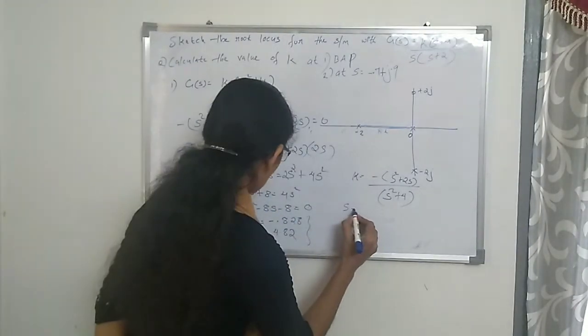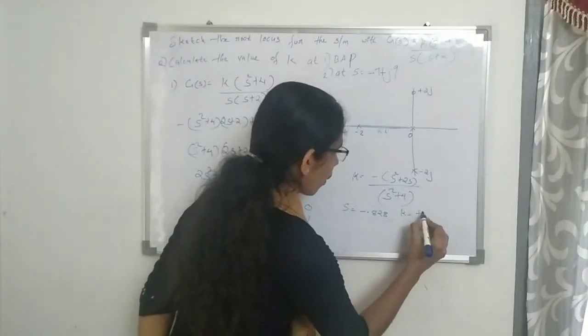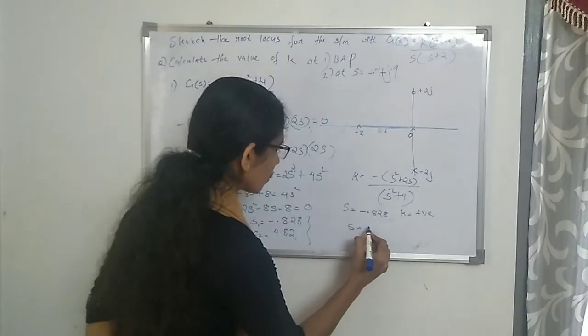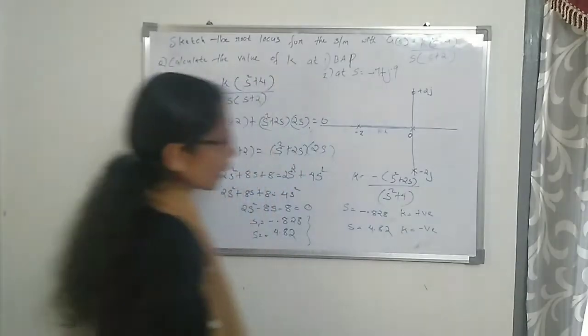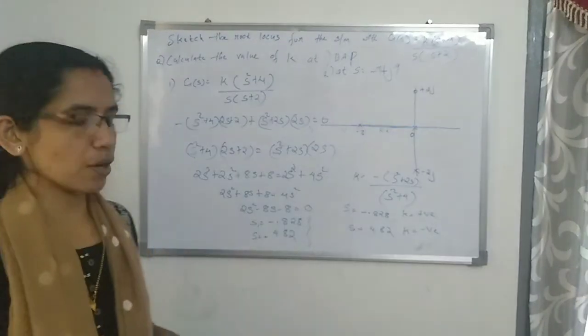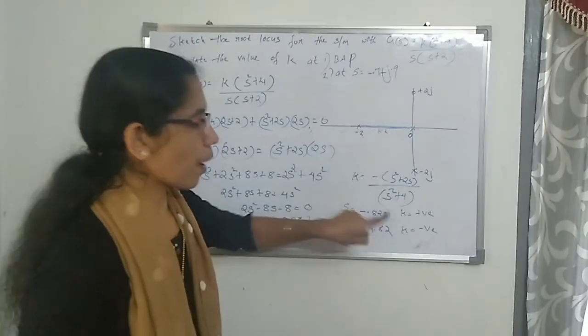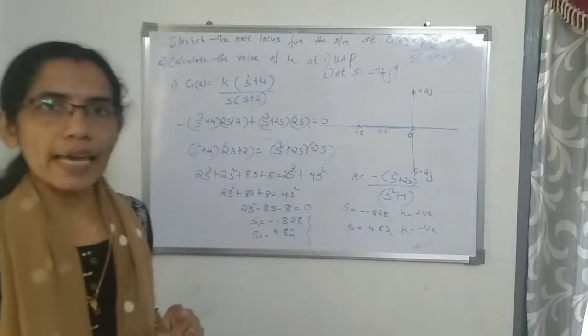When s is equal to -0.828, K is positive, and when s is equal to 4.82, K is negative. Substitute the values in this equation and check.